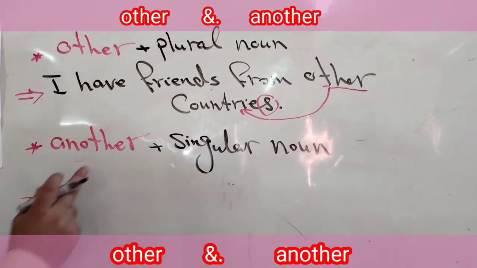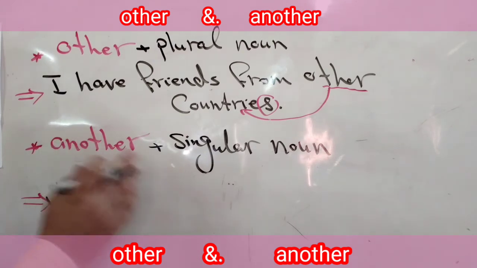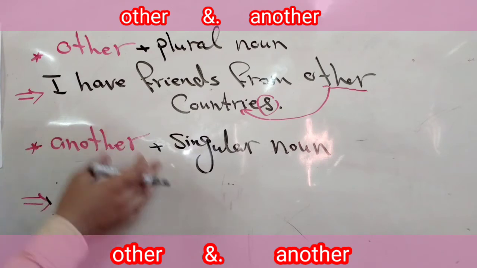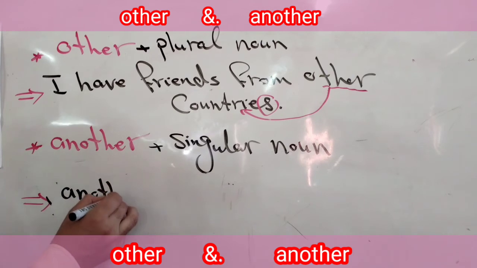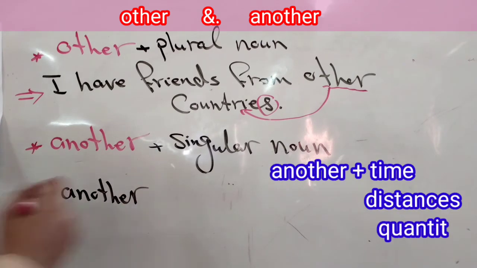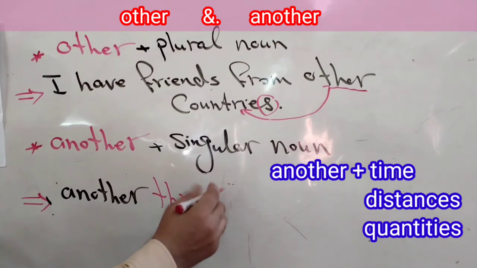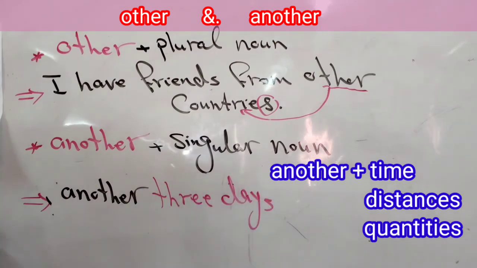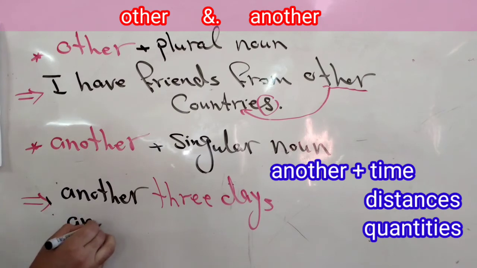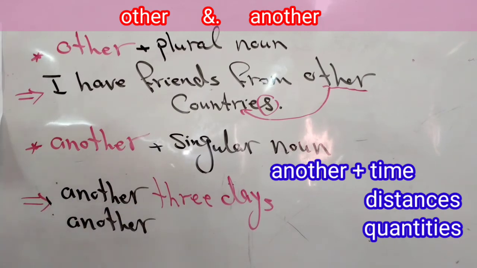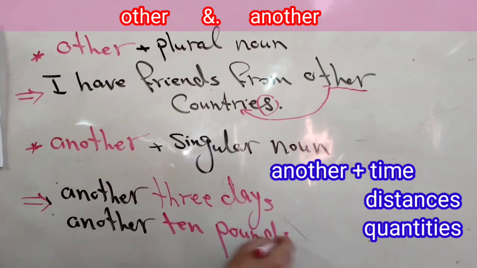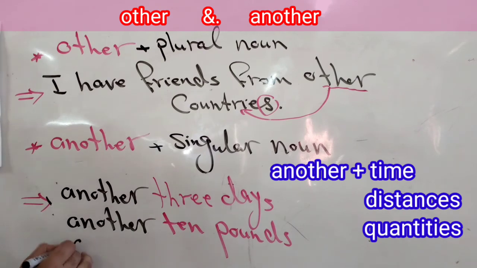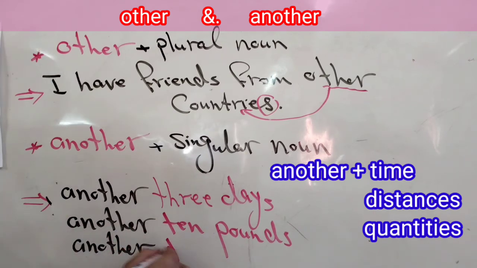However, we can use another followed by a plural noun when talking about time, distances, quantities, or money. So we can say another 3 days, or another 10 pounds, or another 3 meters.